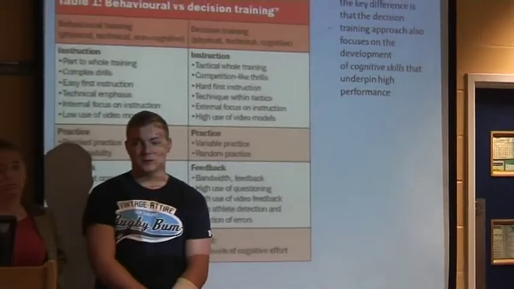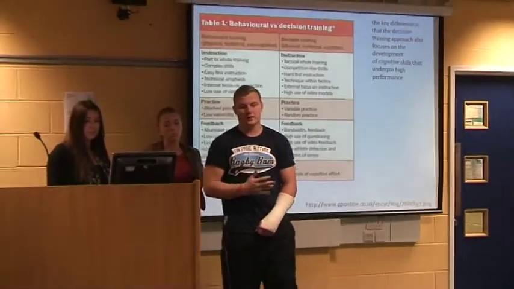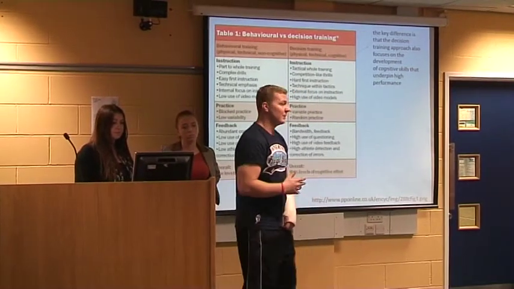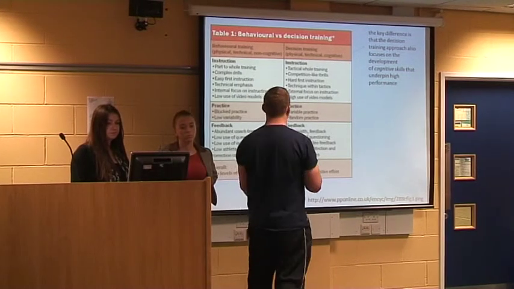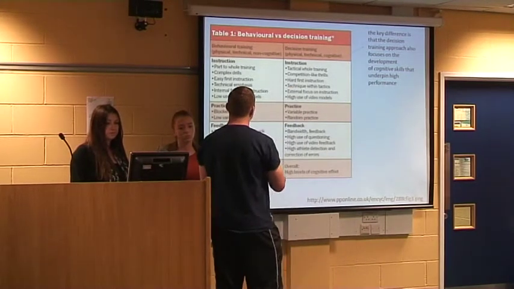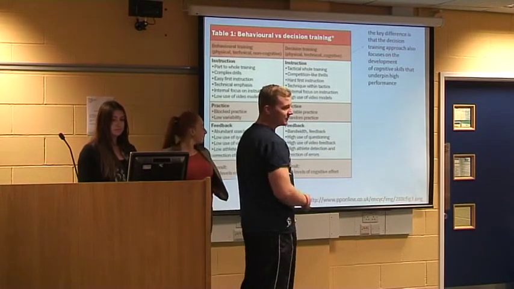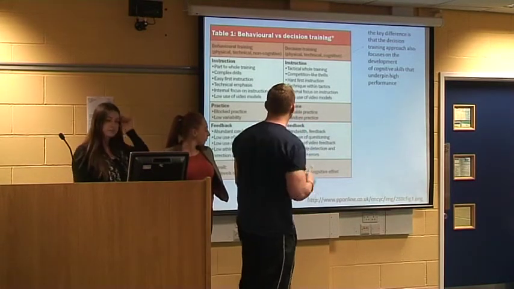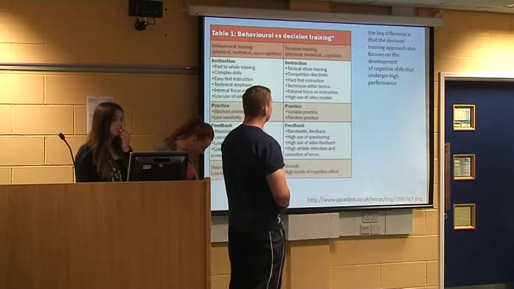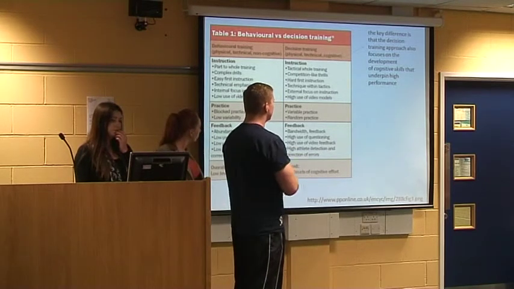And here's the list of the two different sides, just so you can get an idea of both. When you look at it, it's almost quite the opposite to each, where you've got the behavioural training, which is in some ways a traditional coaching technique, part whole, whereas decision making is in some ways tactical.